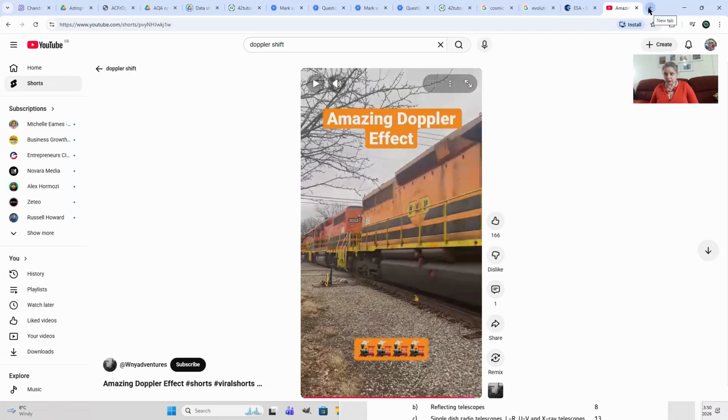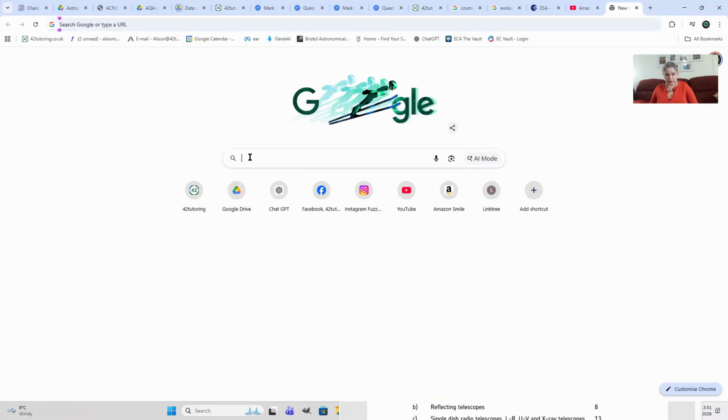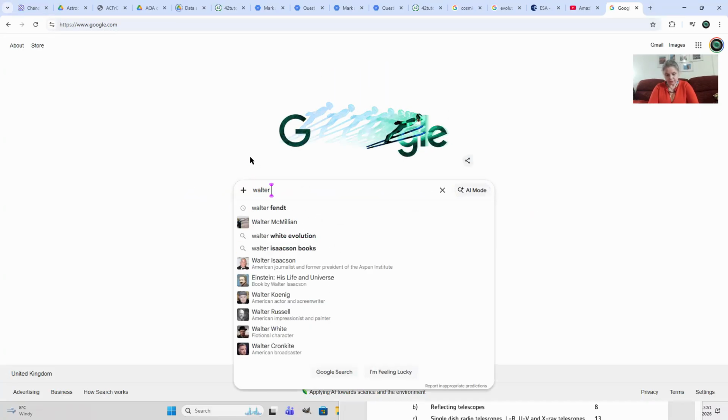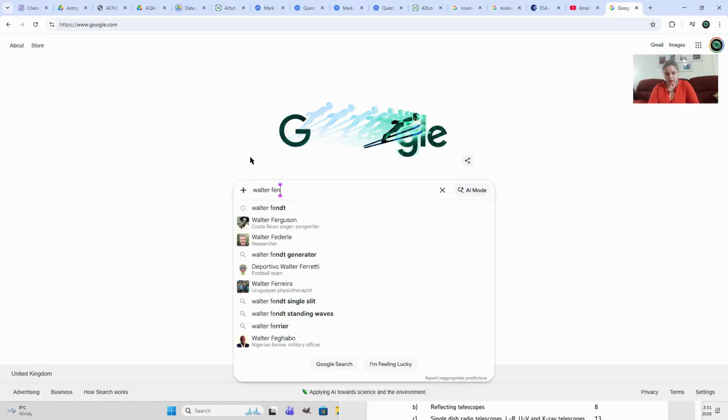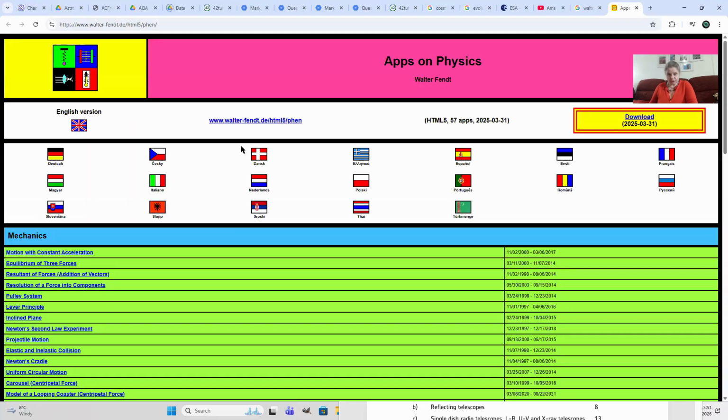Okay, so let's pull up Walter Fendt. Right, so Walter Fendt. If you've not come across Walter Fendt and his animations, can I suggest that you do? Can you see in this top URL bar?